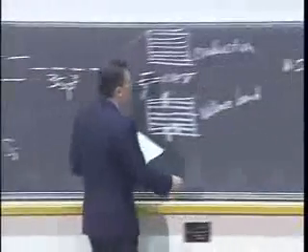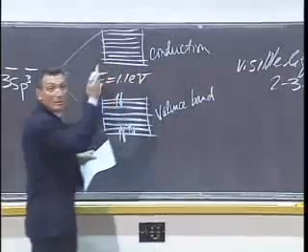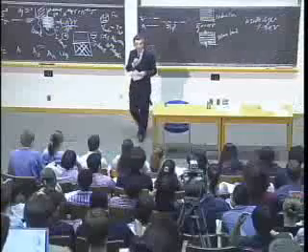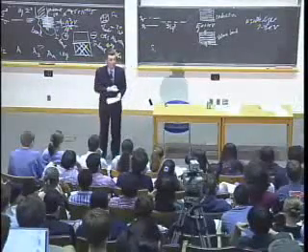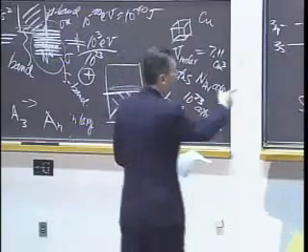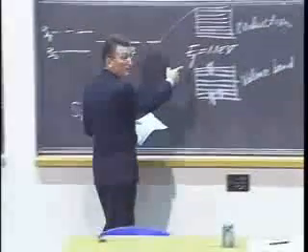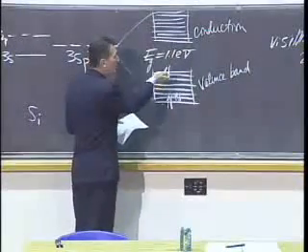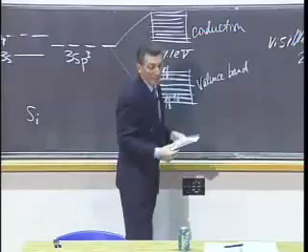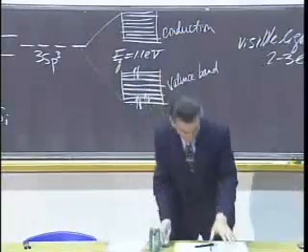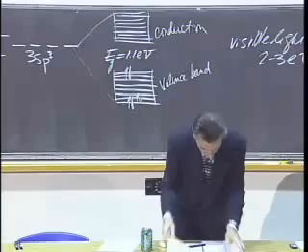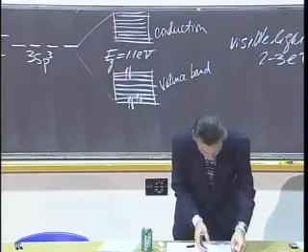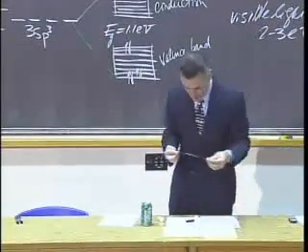If visible light shines on diamond, it's transparent because the energy gap is 5.4 electron volts. If visible light shines on silicon, it's absorbed because visible light has greater than 1.1 eV.